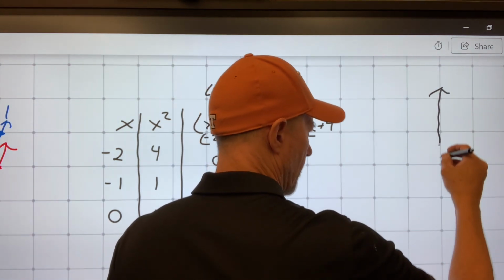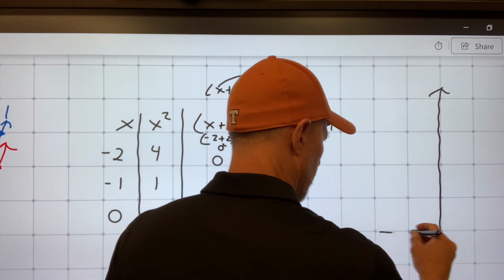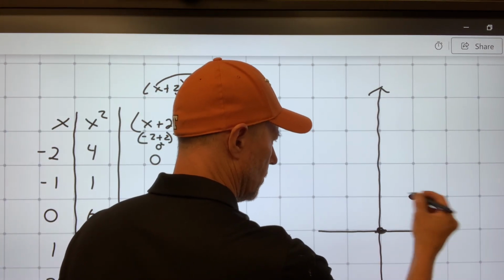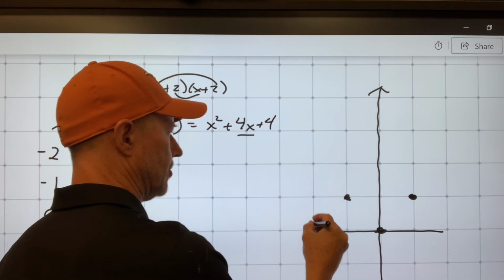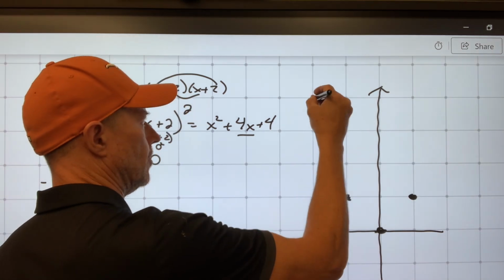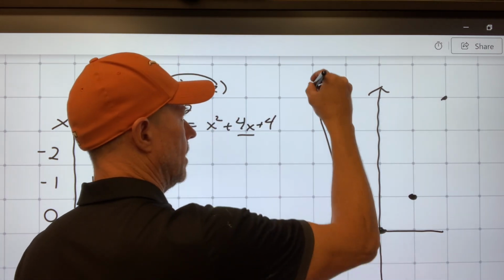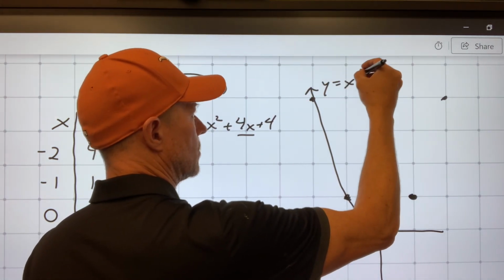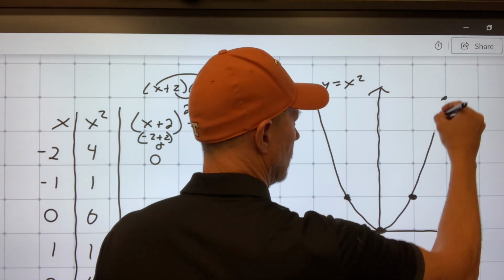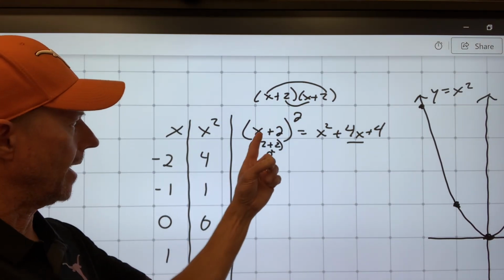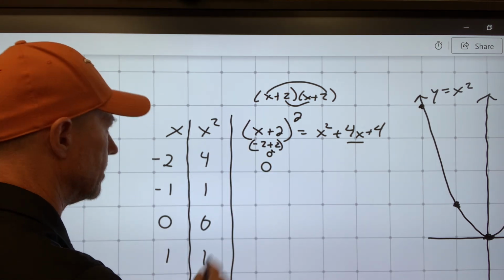So the base graph goes through this point, that's 1, 1. Here's a -1, 1. At -2, it goes through 4. 1, 2, 3, 4. And so here's the parent parabola, y equals x squared. But notice when I add the 2, I should have done this in some color.